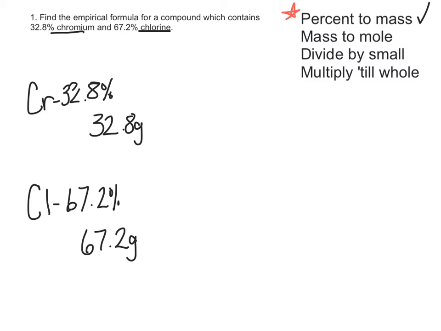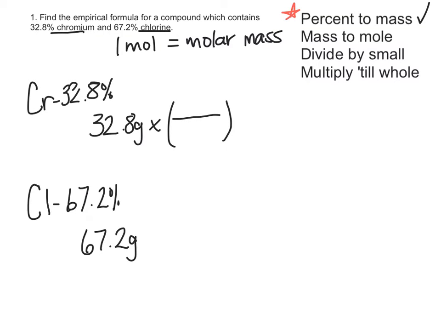Now, step 2, mass to mole. This is where we use our conversion. Remember, 1 mole of any substance equals the molar or atomic mass, and we get that from the periodic table. So I'm going to put my multiplication sign here, and I'm going to set up my conversion factor. Remember, whatever you want to cancel has to go on the bottom.